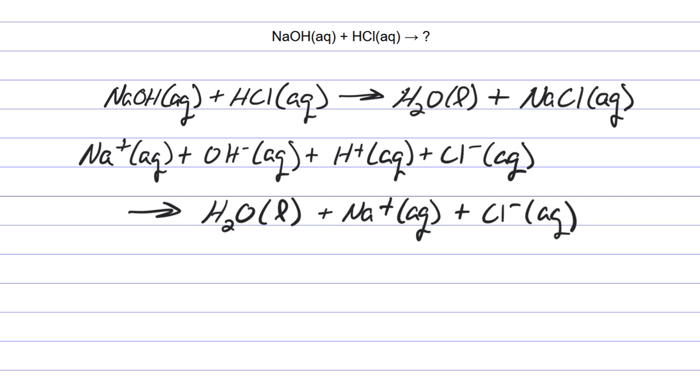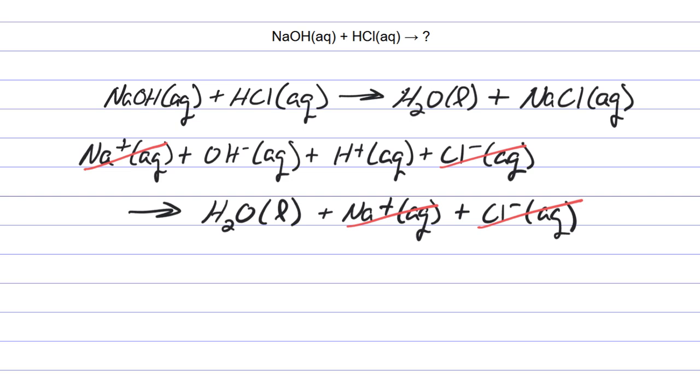So now we're going to identify the spectator ions, the things that are the same on both sides, and eliminate them. Both sides have an Na plus ion in its aqueous form. We can cancel that. Both sides have a Cl minus ion in its aqueous form.